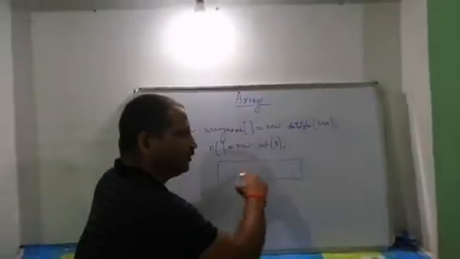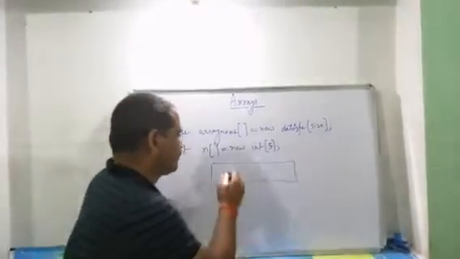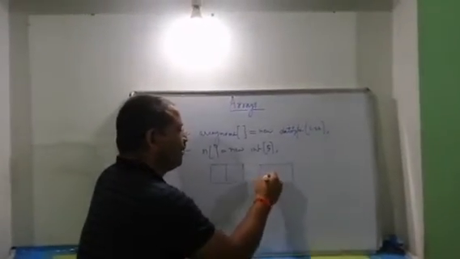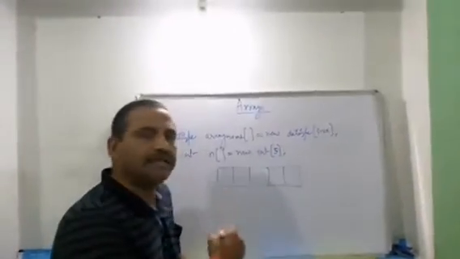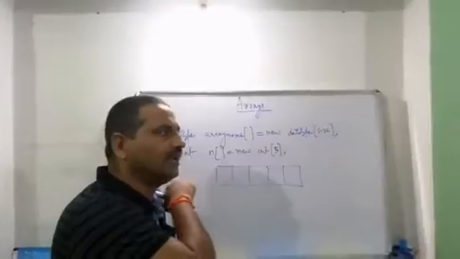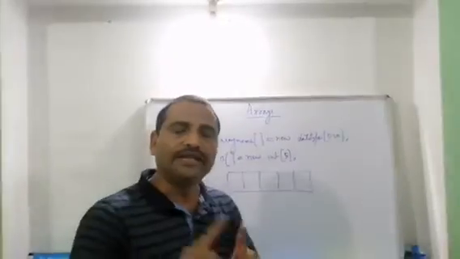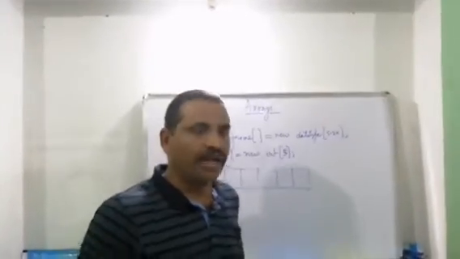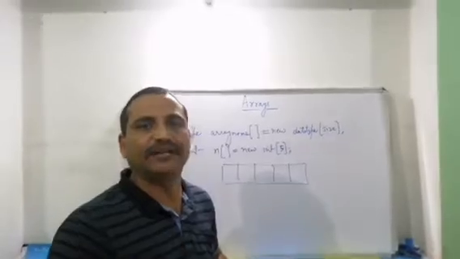The total size will be 20 bytes, and this 20 bytes will be divided into 5 blocks: 1, 2, 3, 4, 5. And then the compiler will automatically assign the memory address of each and every block, and this memory address is referred by the index values.